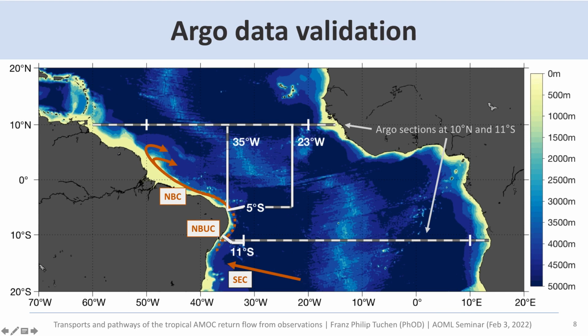You can see that at 11 South, as I showed you, the upper ocean is dominated by the NBC, which is a subsurface current that becomes a surface intensified current once it reaches around 5 South.